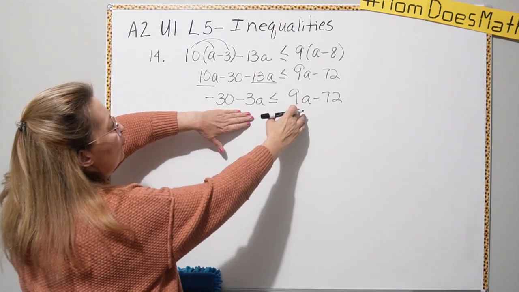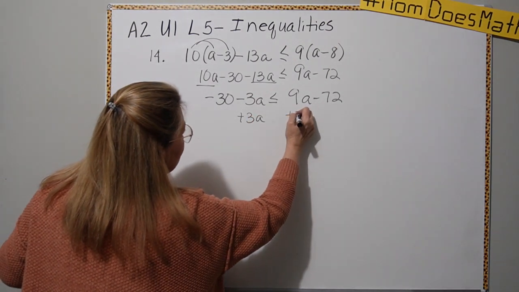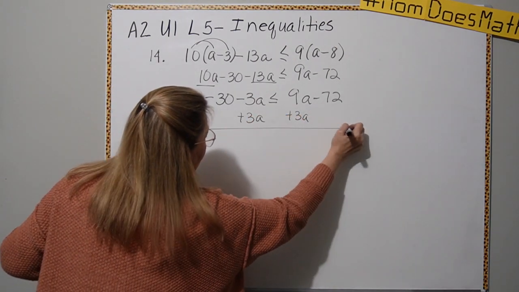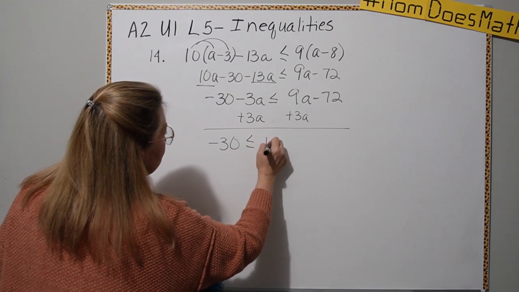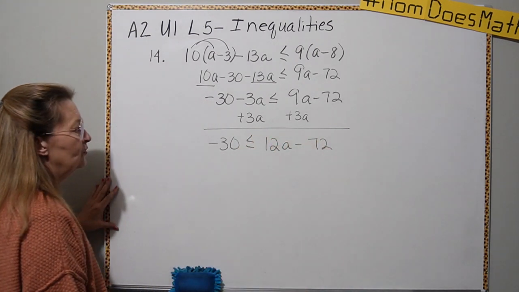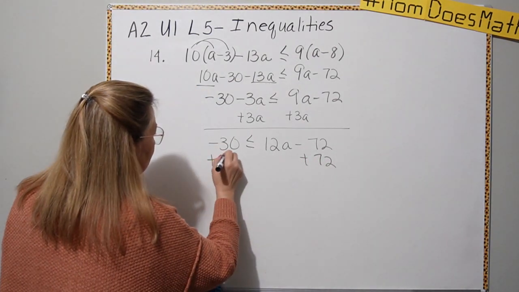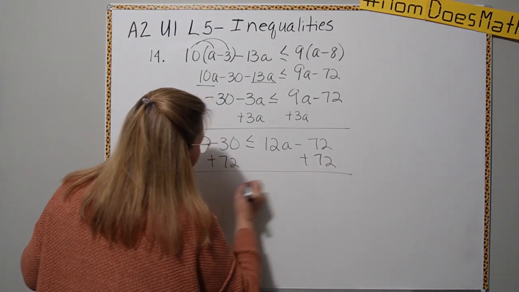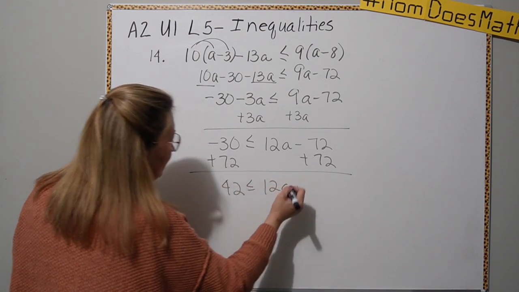Now we need to get rid of one of our variable terms. I'm going to get rid of the 3a since I can do so by addition. And that's going to be negative 30 is less than or equal to 12a minus 72. Then I will add 72 to each side and get 42 is less than or equal to 12a.